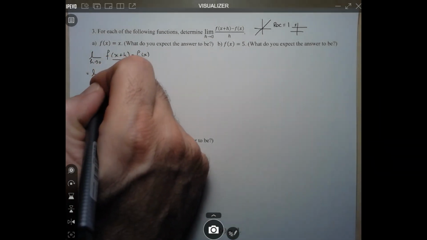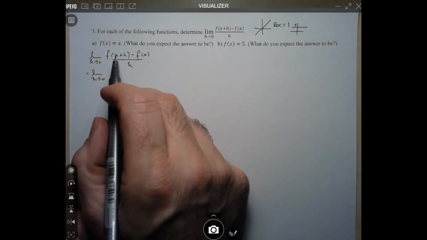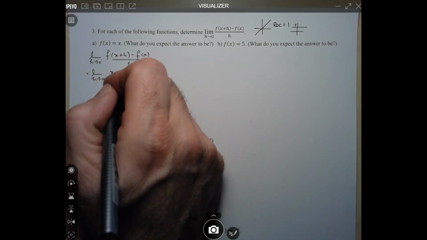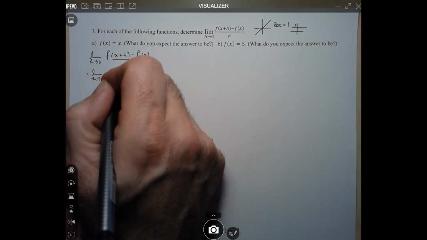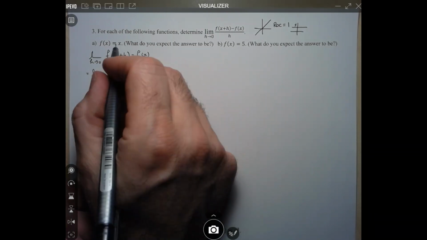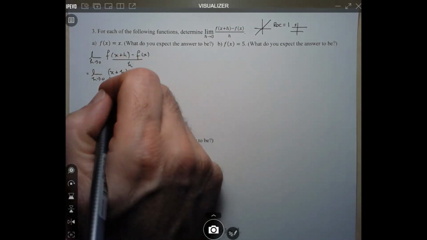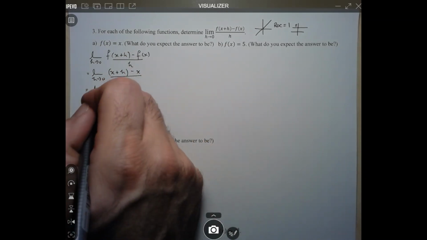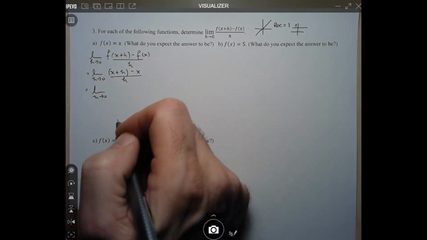If I input x plus h into the function, it's just going to give me x plus h. Input x into my function, it's just going to be x, all over h. And let's see what happens. Does it give us what we expect?